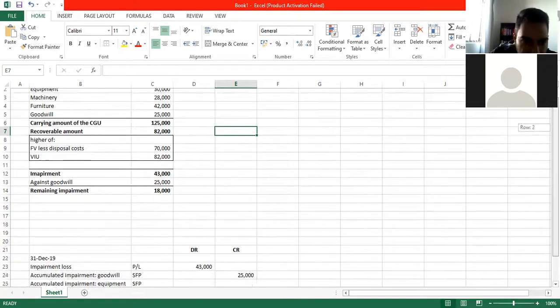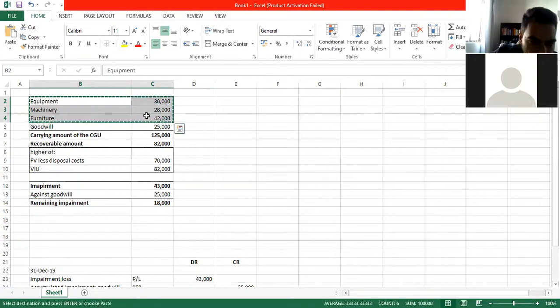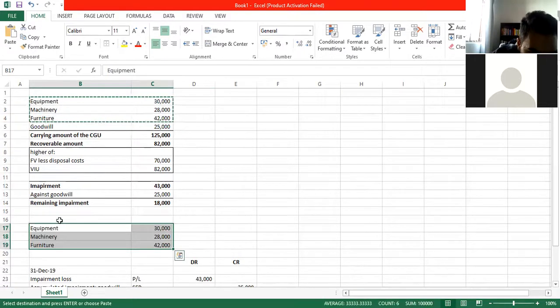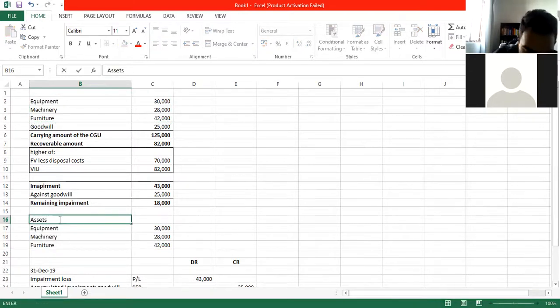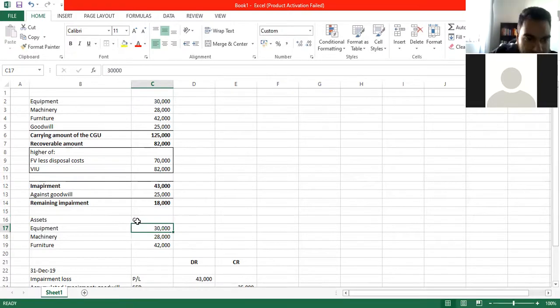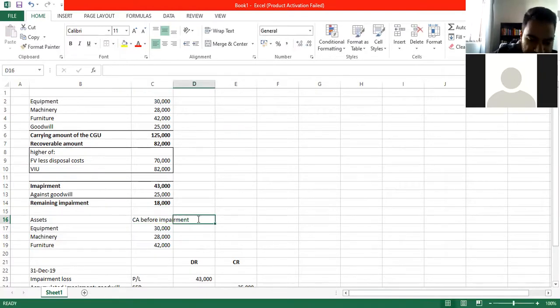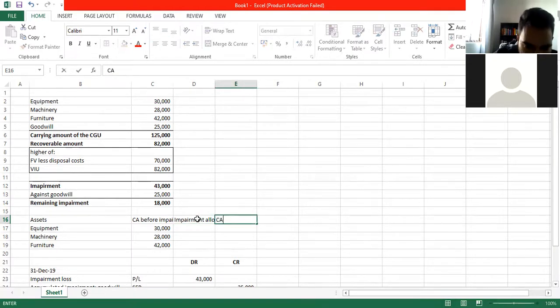So we'll bring in these assets. So remaining, so that's carrying amount. Just so you know, carrying amount before impairment. Okay. Then we will have impairment allocation. And we will have carrying amount after allocation.